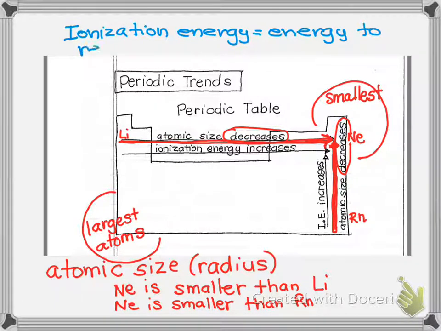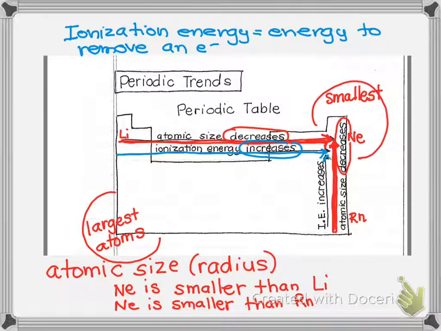When they measure it, it's in a gaseous state. So here's the trend. As we go from left to right, the ionization energy increases. It gets higher, which means it gets harder to remove an electron.